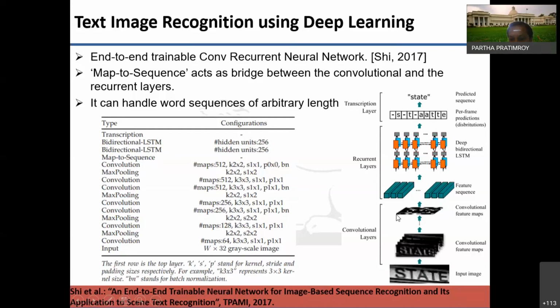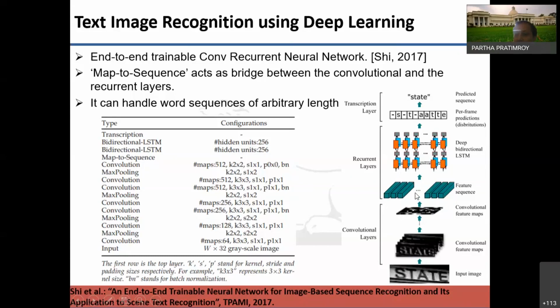These features we can place as input in a vertical way. This is the first column features, second column features, third column features. If you have 100 columns, then you have a sequence of 100 column features.